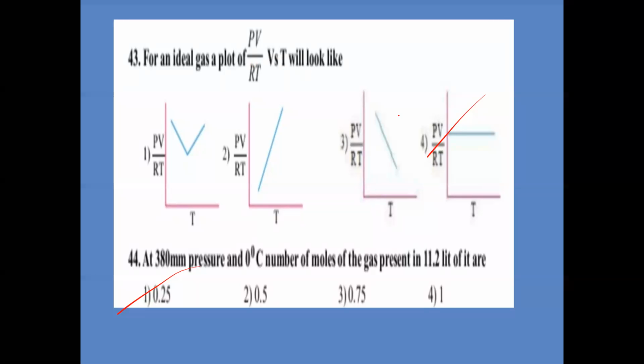For an ideal gas, the number of moles and temperature will be independent. Suppose you take 1 mole of gas. If you heat it from T1 temperature to T2 temperature, 1 mole will remain 1 mole only. The number of moles will remain the same when you increase temperature.